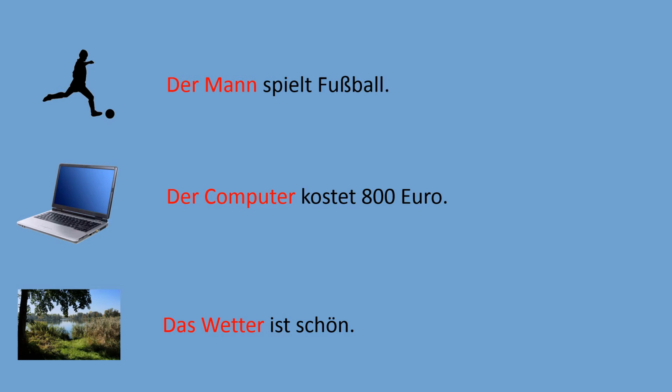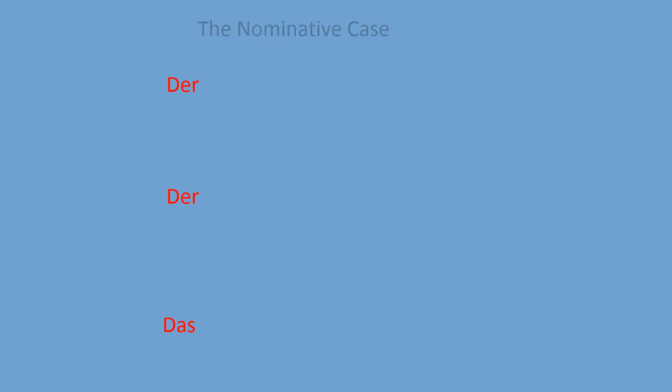So definite articles belong to nouns. You remember we use them together with nouns, or articles and nouns all together. And because our nouns are used as subjects and they have a specific function, we call this function the nominative case. The nominative case, as you understand now, is modified by definite articles of nouns, but not only definite articles.